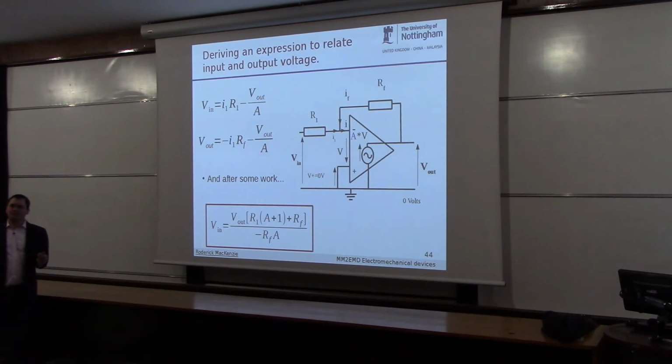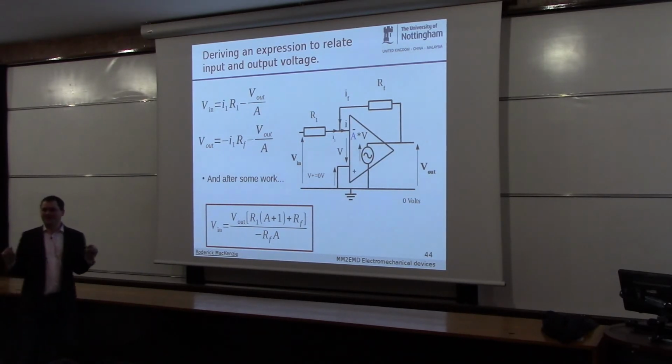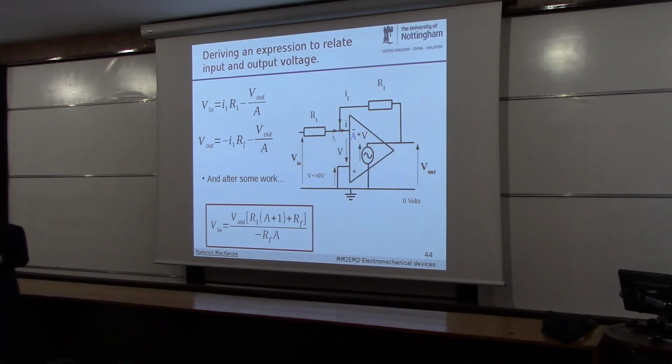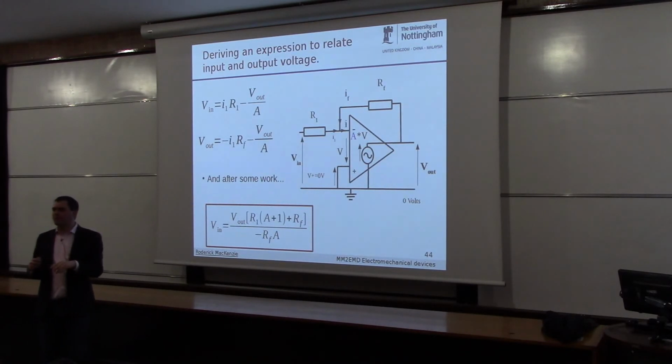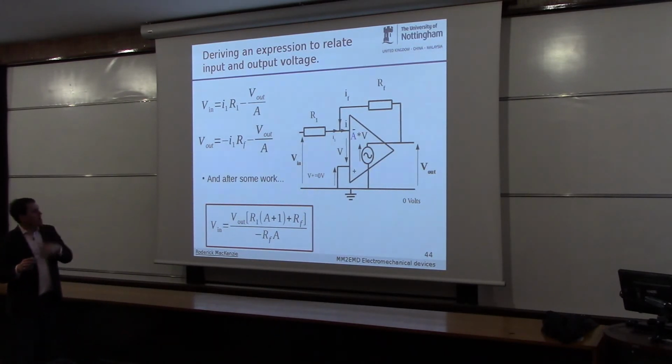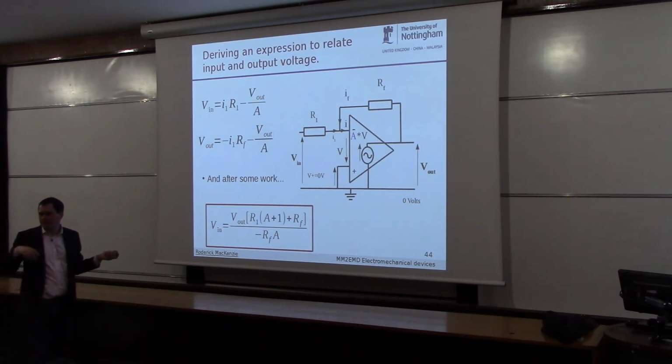Now, in an exam, when I mention the words "in an exam," you've always got to listen really carefully to what comes next. In an exam, it would be very mean of me to ask you to derive this circuit. What I might ask you is to derive a little bit of it. So I might say, how do I relate V here to V out? The answer's V out equals A times V in.